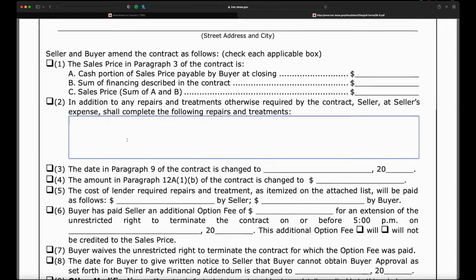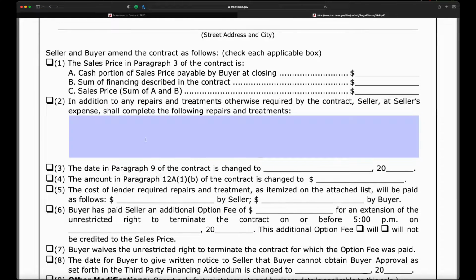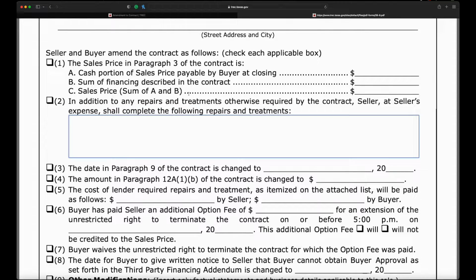Now, what's very important about this section here is you need to be specific. If the roof needs to be repaired, there's issues with the roof, don't just put repair roof, because that leaves it open. You have to think about how can they do the bare minimum and not do what you're trying to imply.